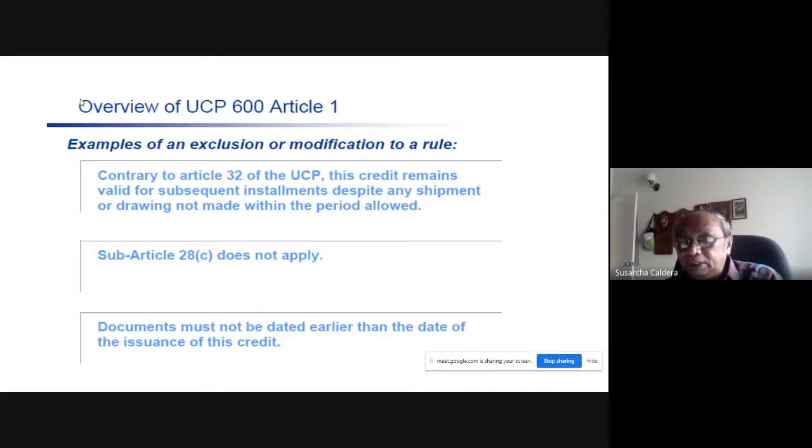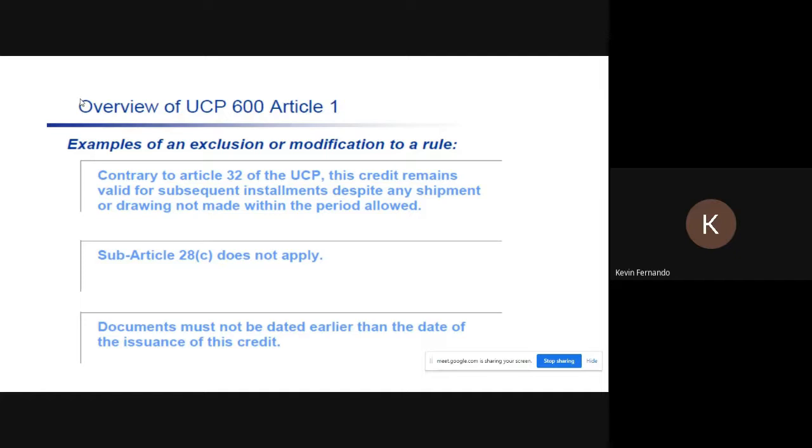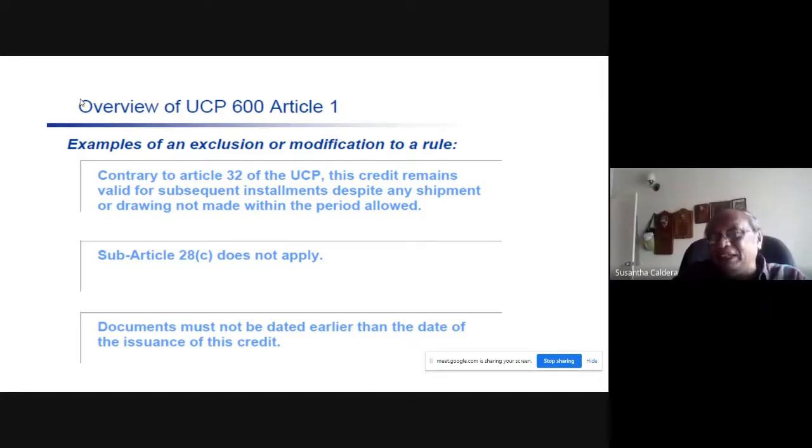Now, if you put an exclusion or modification to the rule to say sub-article 28C does not apply, what do you mean by that? It means that cover notes will be acceptable. Normally we do not accept cover notes.